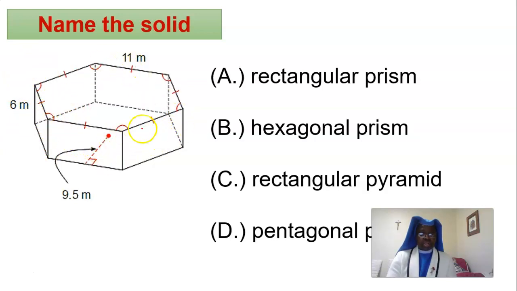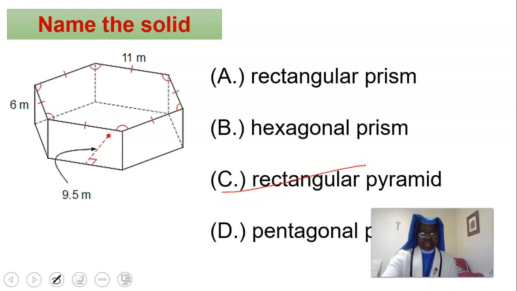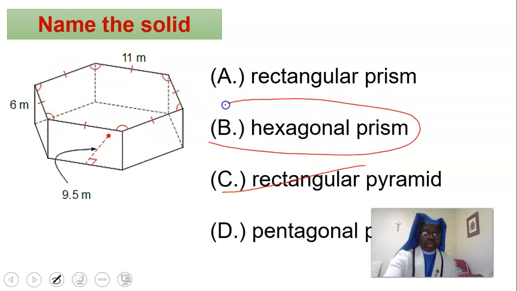It's not pointed, so it's not a pyramid. So that will cross this out. Well, it's a prism. What's the shape of the base? Is it a rectangle? But wait, there are more than two rectangles here. So 1, 2, 3, 4, 5, 6. It has 6 sides, which is a hexagon. So it is a hexagonal prism.